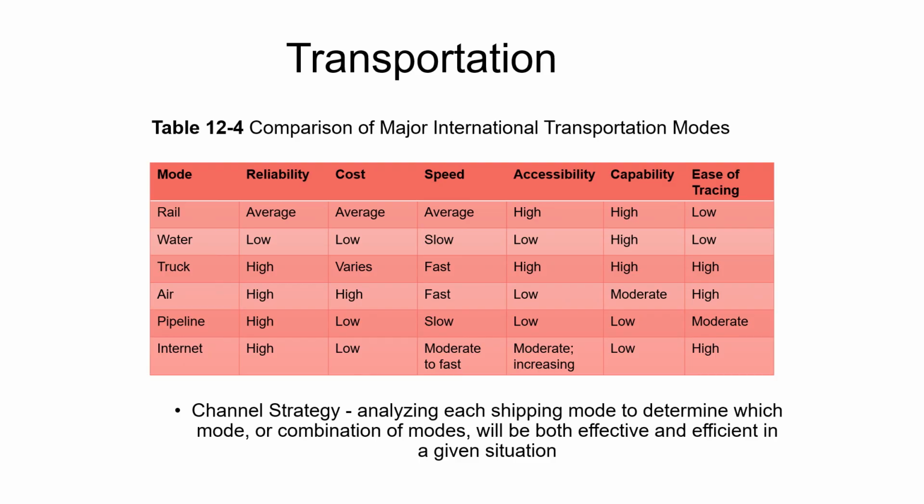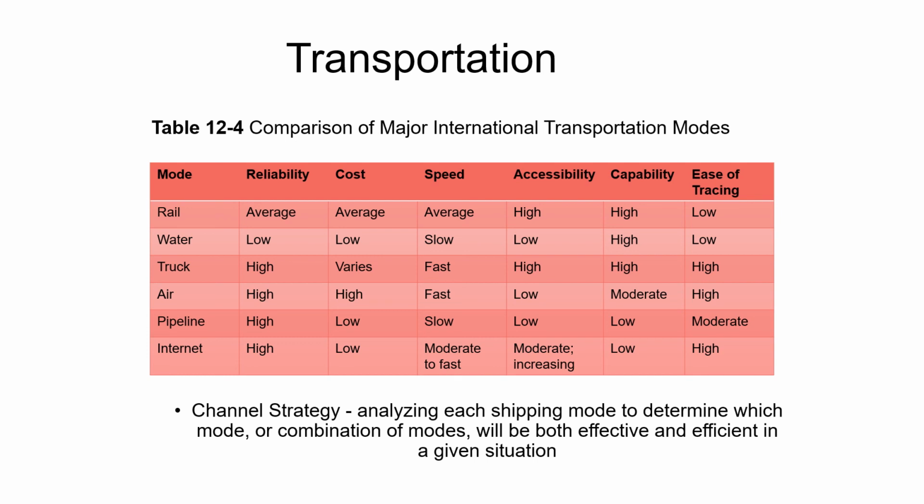Transportation: Table 12.4 shows a comparison of major international transportation modes. Channel strategy analyzes each shipping mode to determine which mode or combination of modes will be both effective and efficient in a given situation.